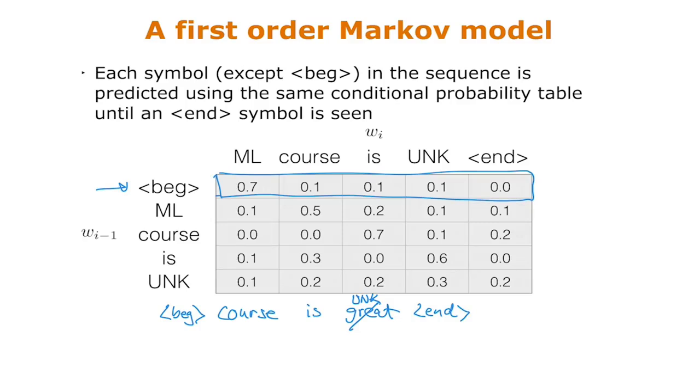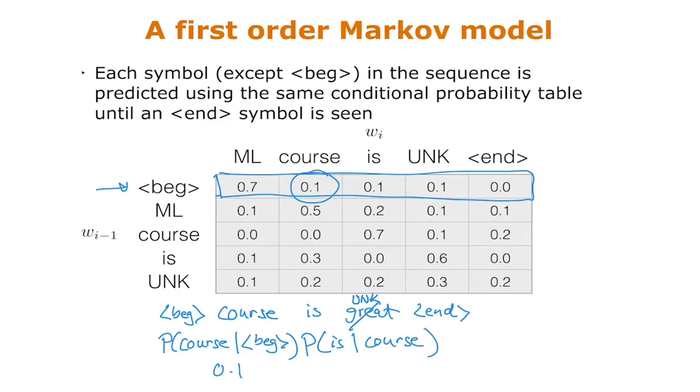First thing is to define the probability of predicting course based on that beginning symbol. That probability now is 0.1. Next, we must generate the word is on the basis of the word that precedes it, which is course.